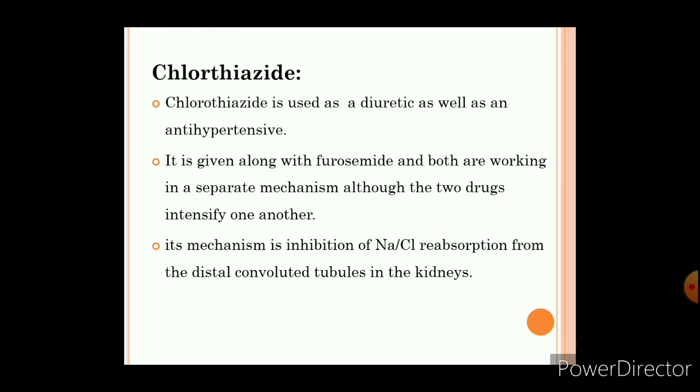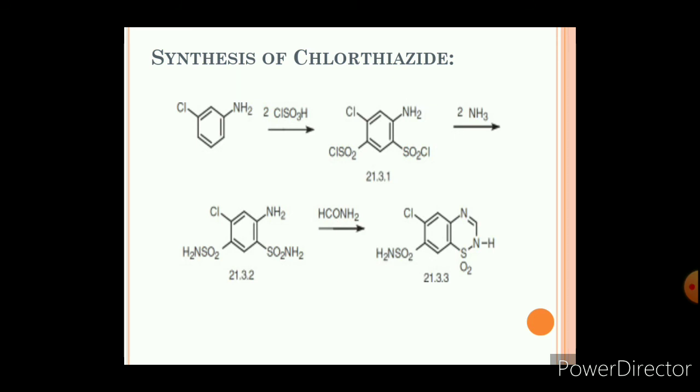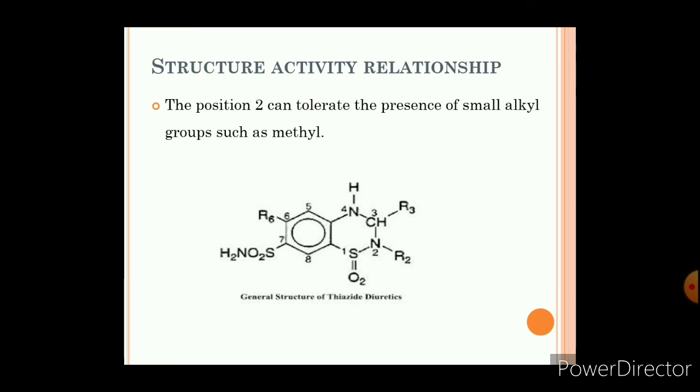Its mechanism is inhibition of sodium and chloride reabsorption from the distal convoluted tubule in the kidney. This is the structure of chlorothiazide. This is the synthesis of chlorothiazide.